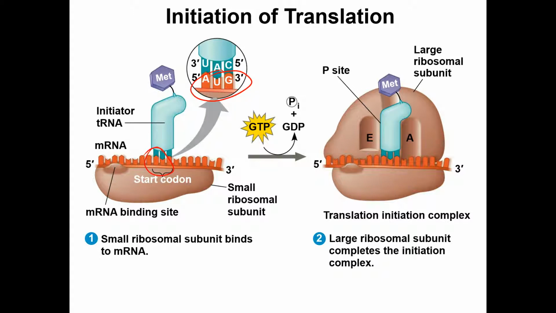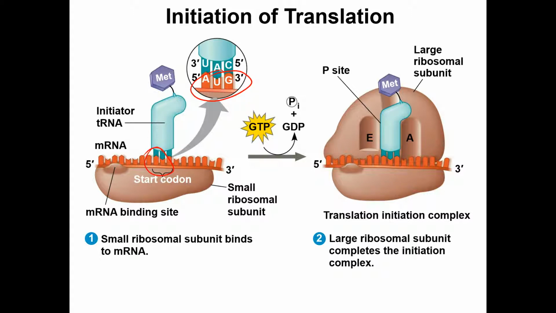At the beginning of every single protein that's synthesized, the first amino acid will always be methionine, except when you're talking about bacterial cells, where the first amino acid is formyl methionine. Now, that doesn't mean that in every single protein the first amino acid is always methionine or formyl methionine, because proteins at the end of translation can be modified.